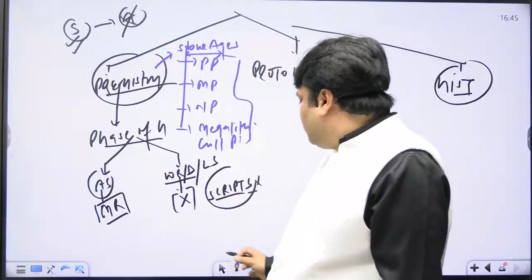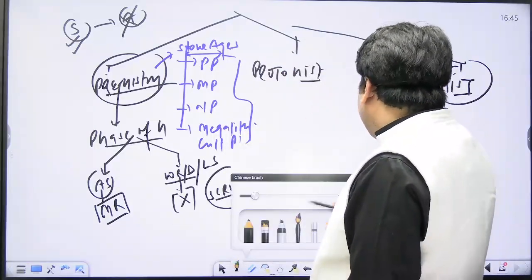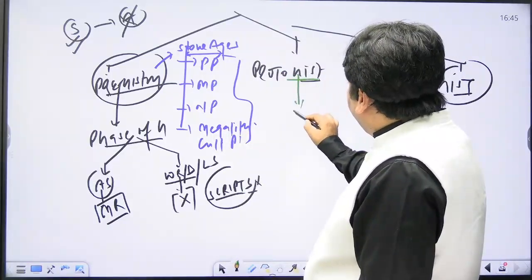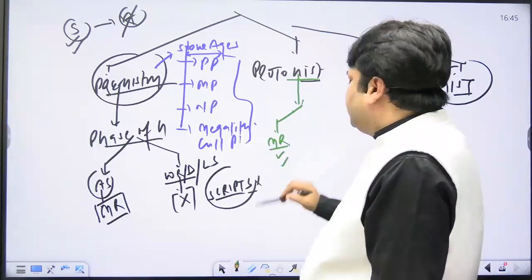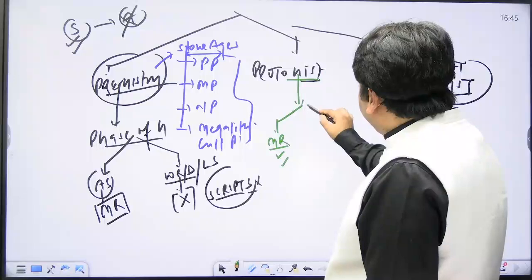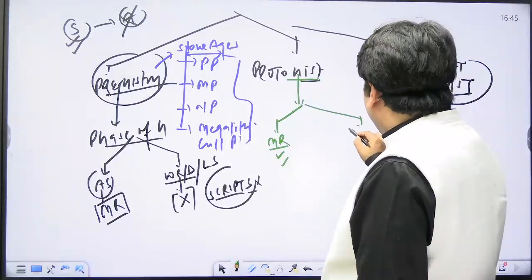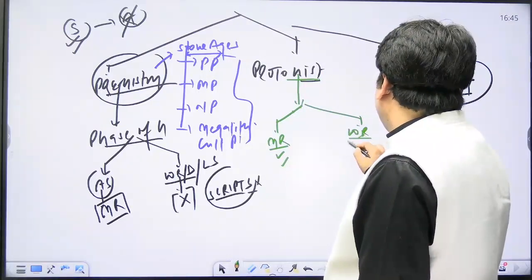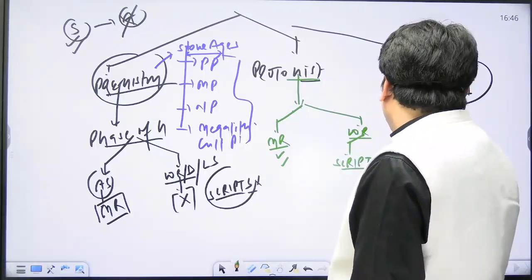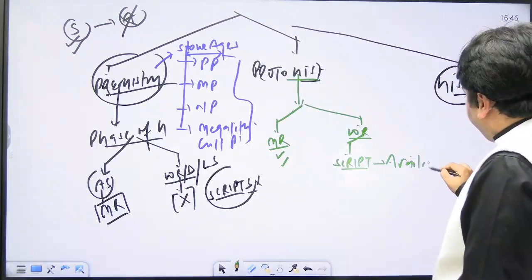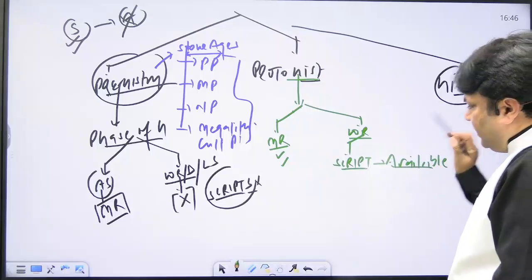Now what is proto-history? Proto-history means that material remains, yes, they are an important source to know about the history. And what about the written records? You will say that written records or script is available, but there is an important challenge.